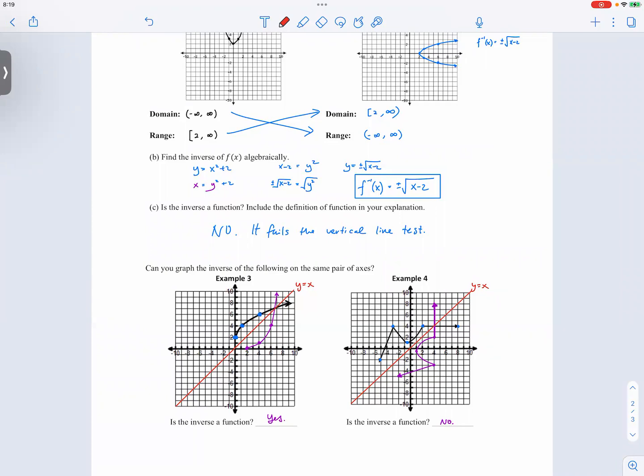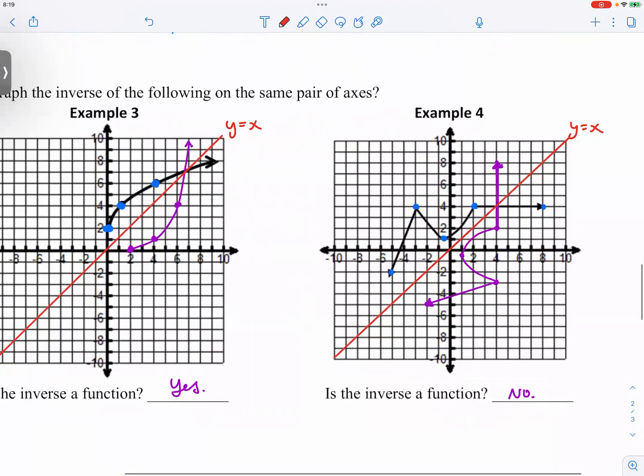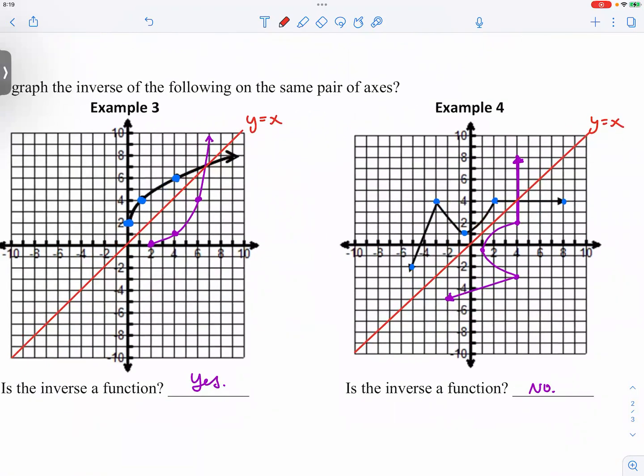You can also switch x and y in the equation. And graphically, if you put the function and its inverse together on the same graph, they should look like reflected images over one another, over y = x. Okay.